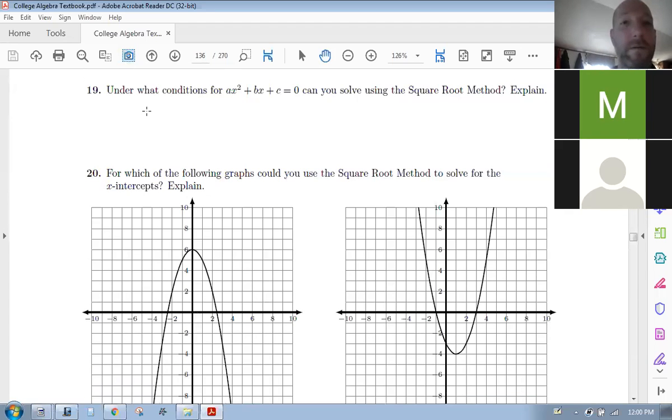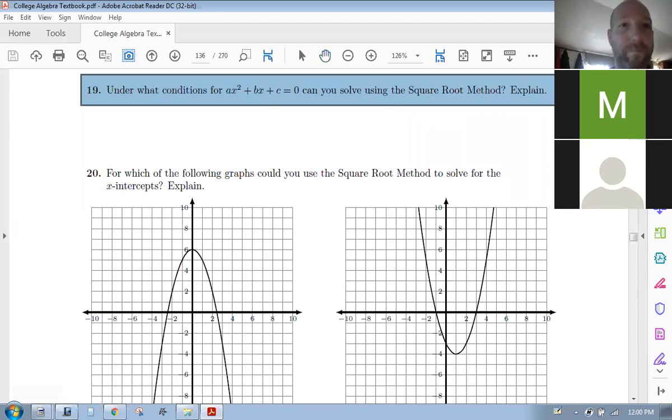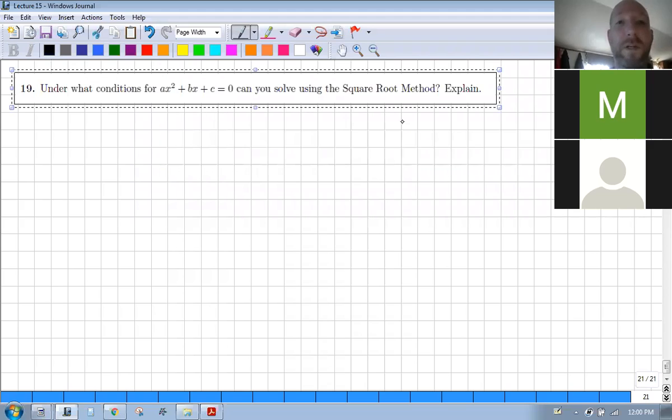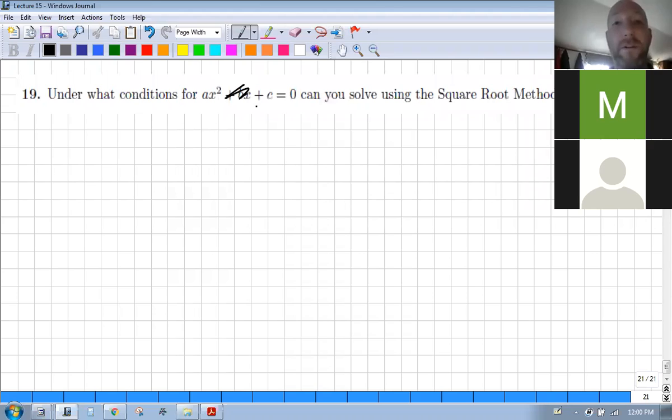All right, so under what conditions can you use the square root method? When there's no b, basically, right? When b is 0.